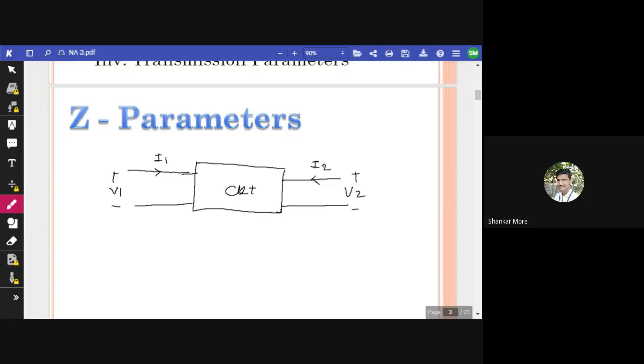So what will be the basic structure for Z parameters? It will be V by I. V by I means nothing but a resistance, or we can say an impedance.